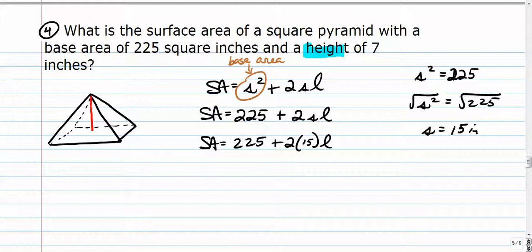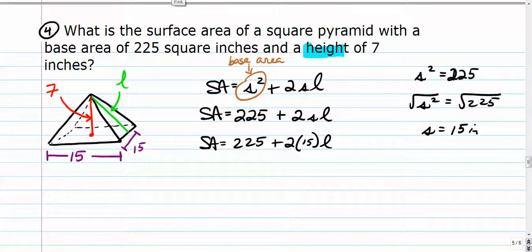The height goes right down the center, and that is 7. The side length we just found to be 15. That's 15. So is this. And what we need to find is the slant height. The slant height goes right down the edge of our pyramid, right like that, and that is, as of right now, missing.